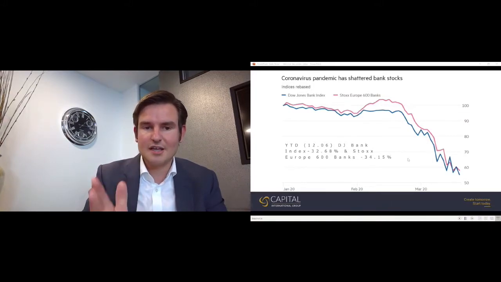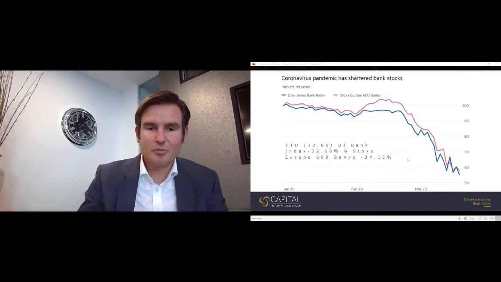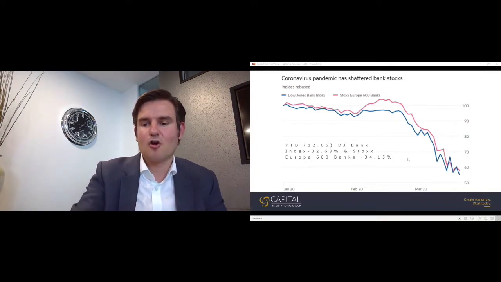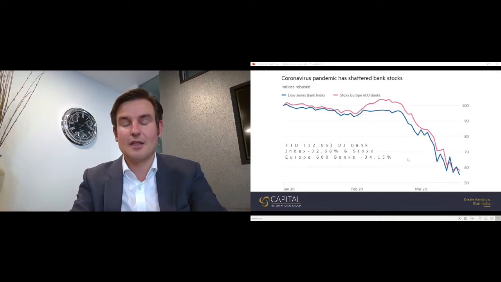Year to date, the returns are minus 30%, and they've bounced a little bit in the last week or so, and then sold off again. So we can see that there certainly has been a direct impact on banks through the first quarter and into the second quarter of 2020.